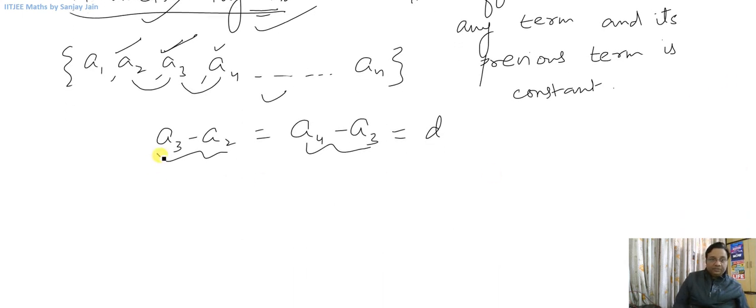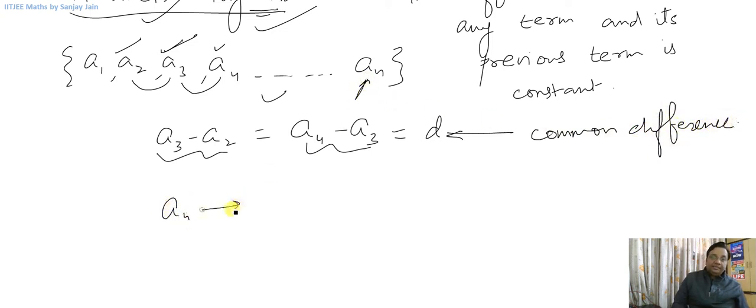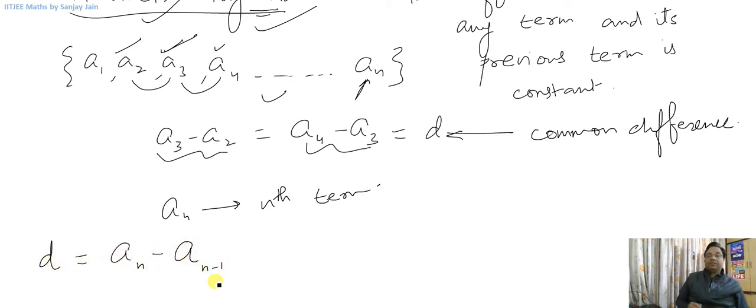So these differences are equal, and this D has got a special name which is common difference. So if an is the nth term, then I can say that D, which is common difference, is equal to an minus an minus 1, right, in general form.